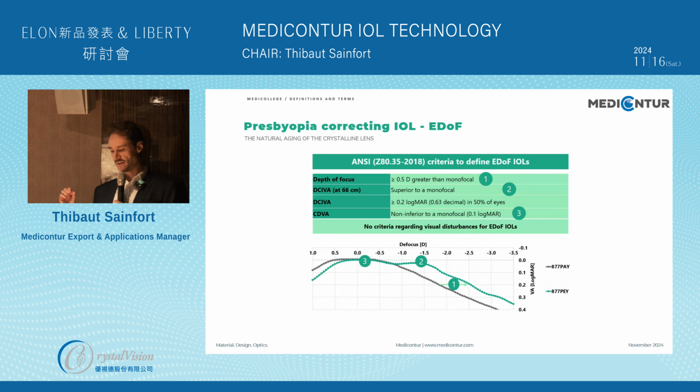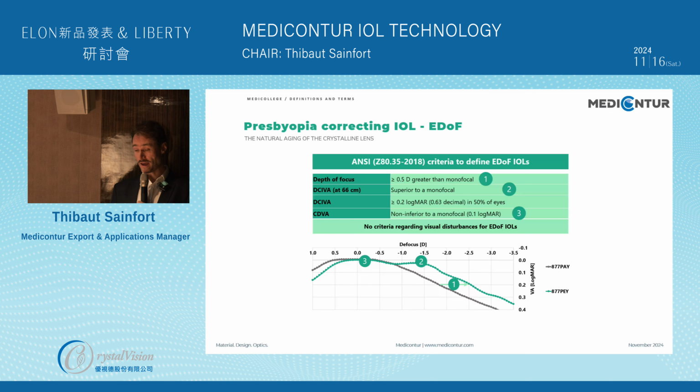The first criteria, which is number 3 here. In green, this is the defocus curve of the ELON IOL, and in gray, this is the monofocal lens. First criteria, number 3 on the graph: you need to have as good far vision as a monofocal lens, because you don't want to lose in far vision.